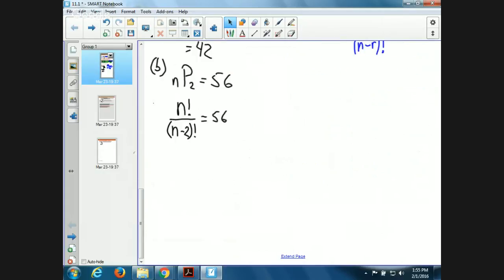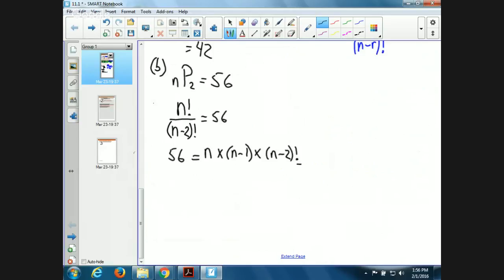Now I'm going to left-right reverse this equation. It doesn't change anything. I just want my 56 on this side because it's not going to be expanded. But I know that n factorial can be written as n times the next number below it, so n minus 1, times the next number below that, n minus 2, and the next number below that, but hey, I'm going to notice something. (n minus 2) factorial, all the numbers below that until you get to 1.